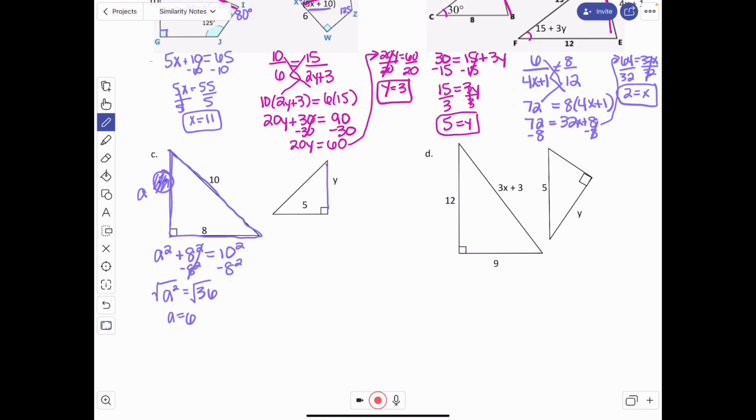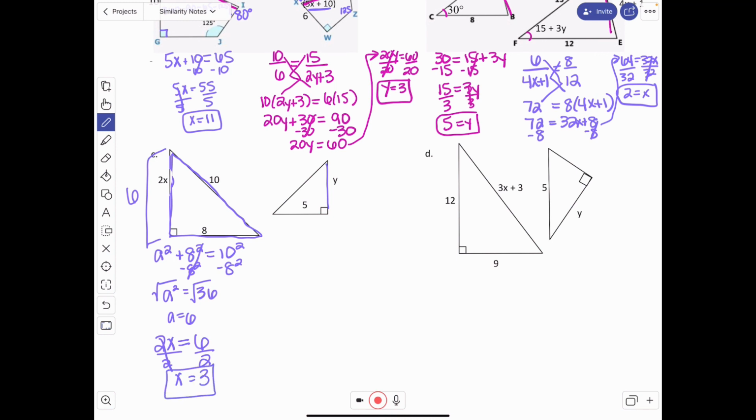What this means is, I'm going to erase where I marked this out. This whole side is 6. So 2x equals 6, which means if I divide by 2, x is going to be 3.